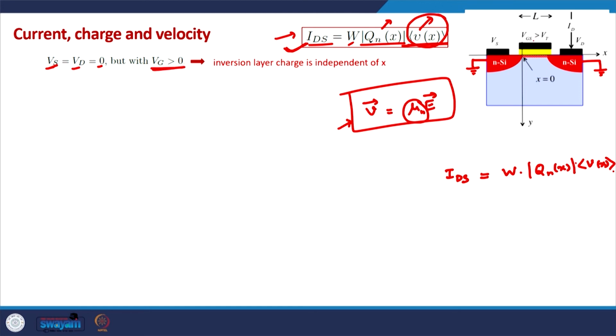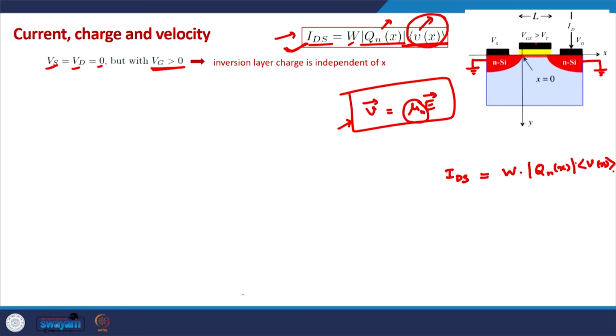So, we have started applying a voltage on the gate terminal, which will create a channel in the device, a layer of negative charges just below the oxide that will act as a channel in the MOSFET.